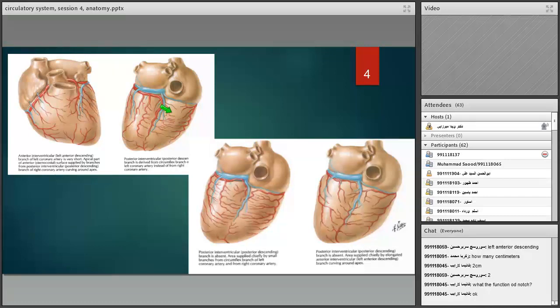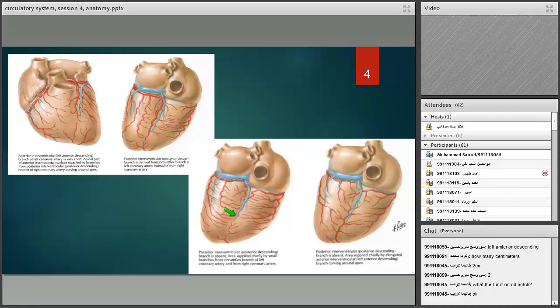In the other form, look at here. The posterior interventricular branch is derived from the circumflex branch. It is not from the right coronary. It is from the left coronary, from the circumflex branch of the left coronary artery instead of the right coronary artery. It's another variation.